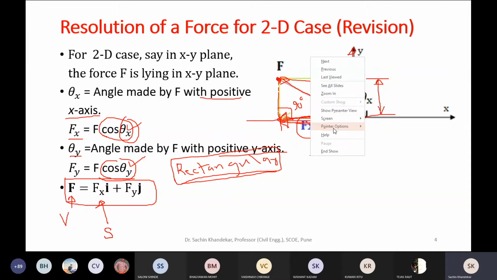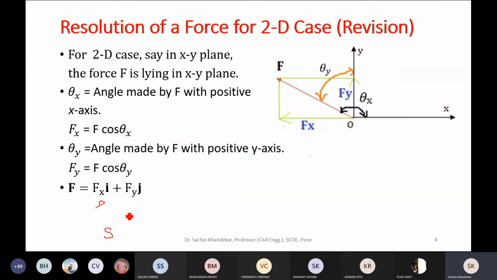Now what are these i and j? Can anybody answer? Correct, very good. These are the unit vectors: i is a unit vector along the x-axis, and j is a unit vector along the y-axis.